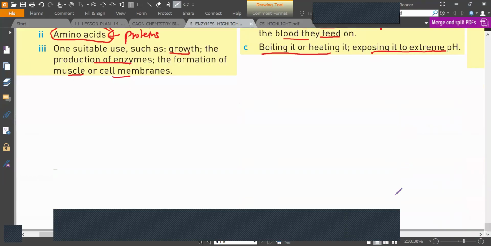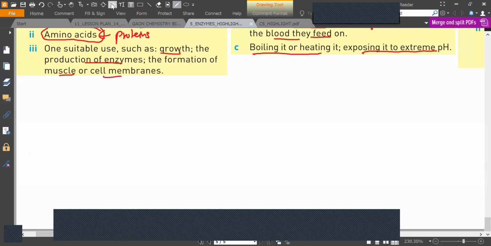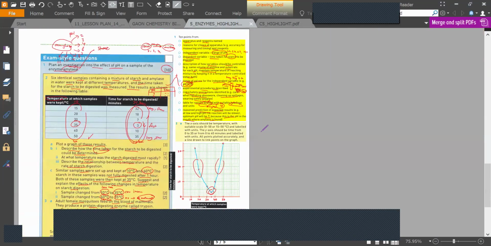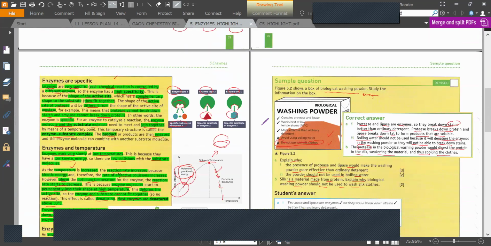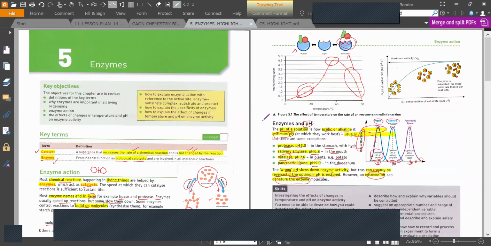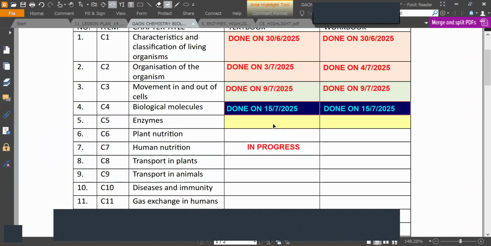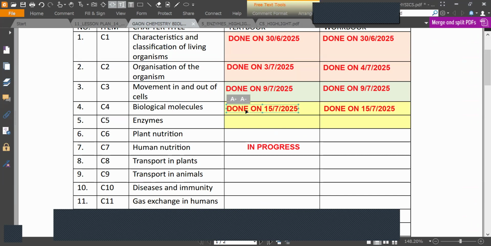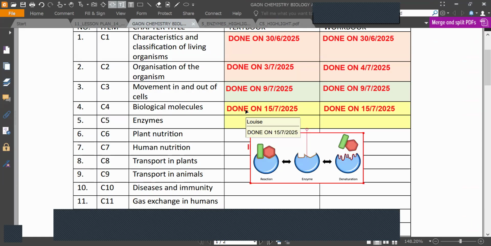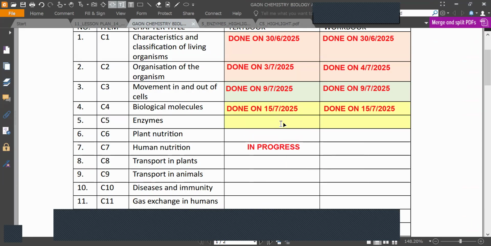Okay, cool. As I mentioned before, this one is a very short topic. So we finished another one. We finished unit 5 of the biology. Okay, so this is also done, the textbook is also done.